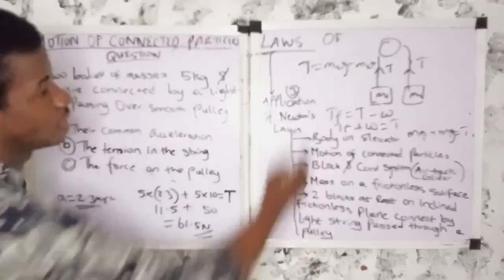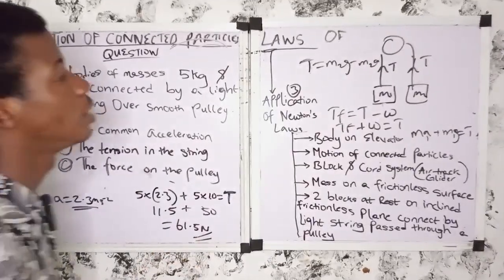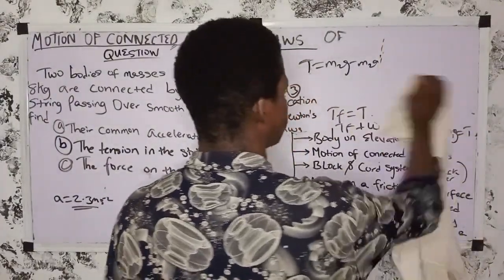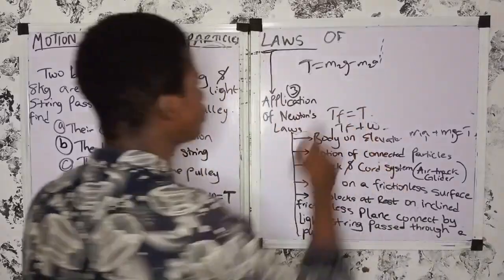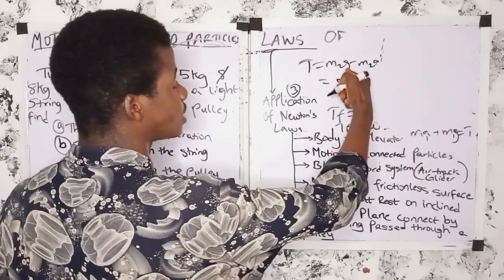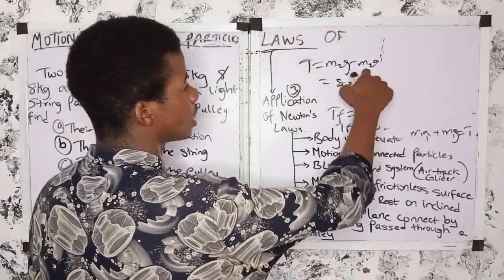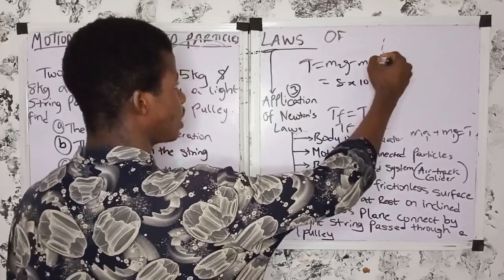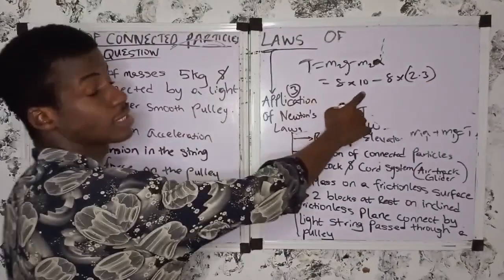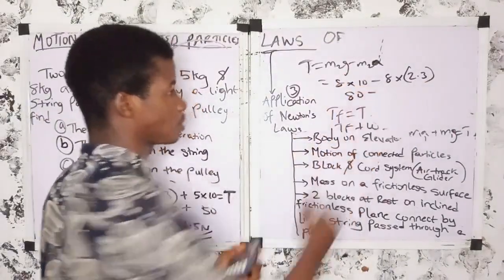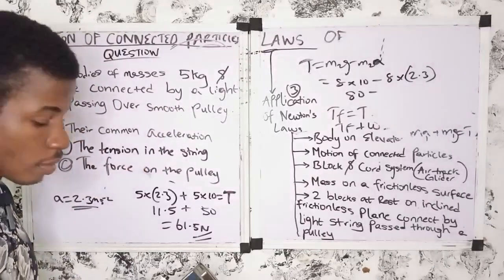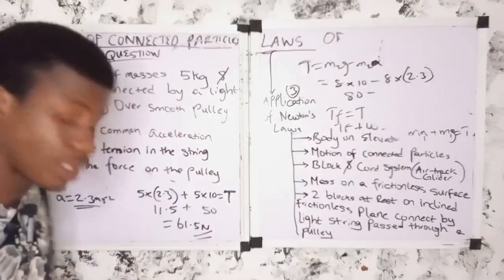Now let's use this other one to see if we arrive at the same answer. M2 is 8, times 10, since G is 10, minus M2, which is 8 again, times A, which is 2.3. 8 times 10 gives us 80, then minus 8 times 2.3, which gives us 18.4.